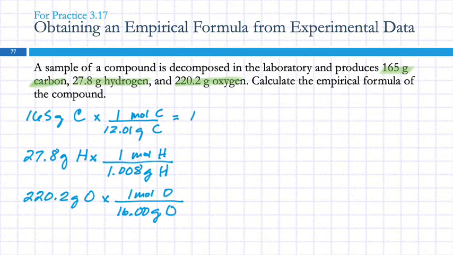So this is giving me 13.73. You do not want to round too much. So this one had 3 sig figs. So this number, I should keep at least 3 sig figs. And I should also write down the correct number.